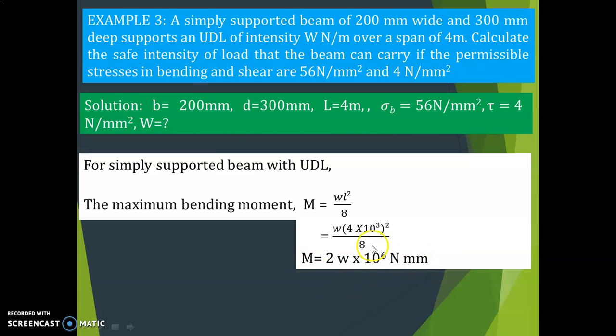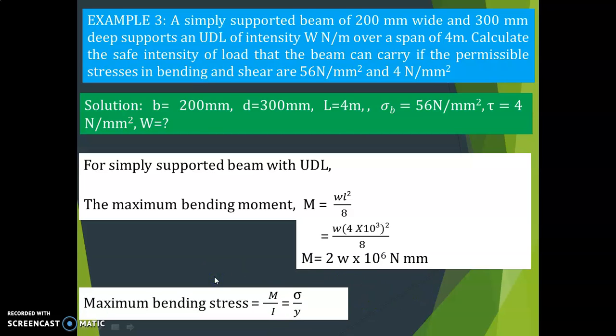Here whatever is given in Newton, so we can write it is in Newton, and this is millimeter. Now we have the formula maximum bending stress, that is M divided by I is equal to sigma divided by Y. Now we have to see this in this equation.